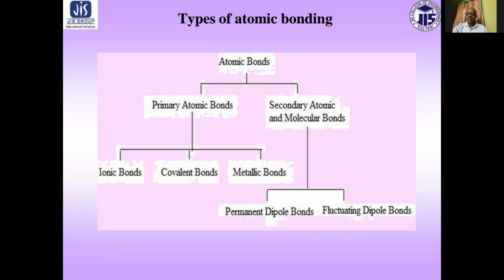Primary bonds are again subdivided into ionic bonds, covalent bonds and metallic bonds, and secondary atomic and molecular bonds are again subdivided into permanent dipole bonds and fluctuating dipole bonds.